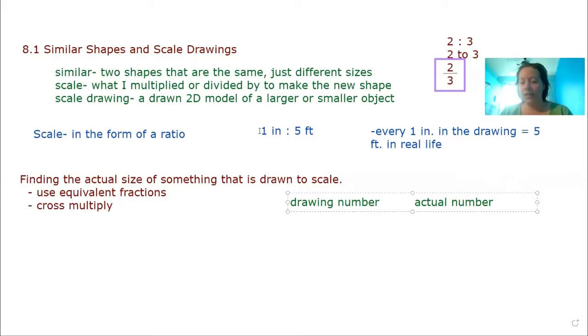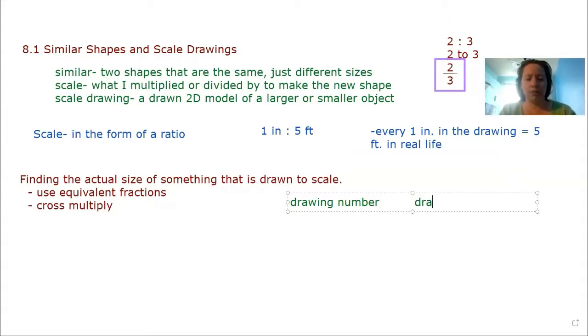In this one right here, where it says 1 inch to 5 feet, the drawing number is 1 inch and the actual number is 5 feet. So 1 to 5. Oh, sorry, no, that's not what I wanted at all. It's not drawing number to actual number.